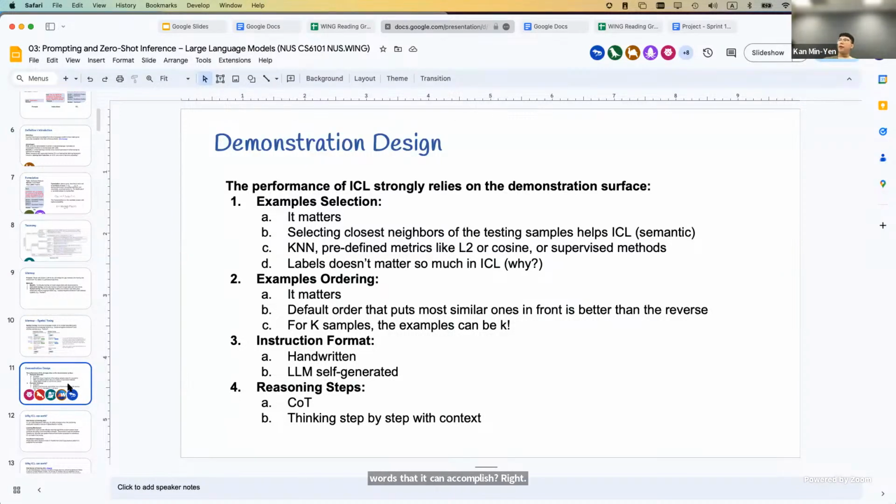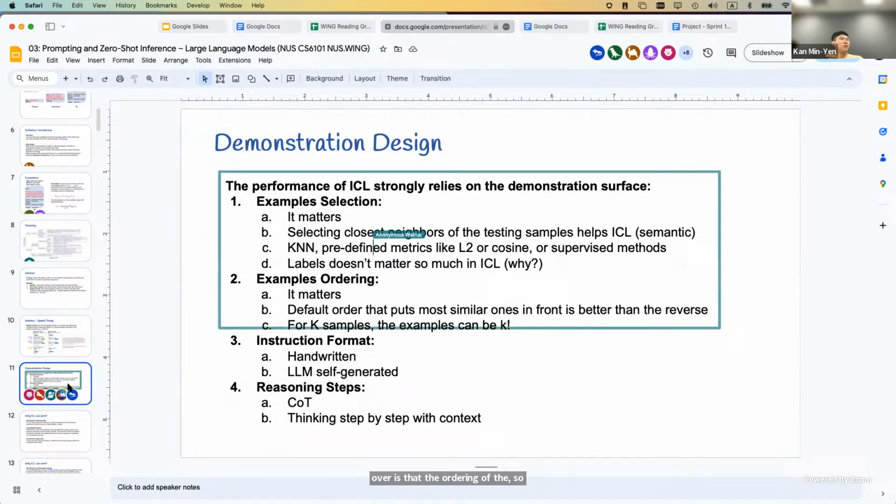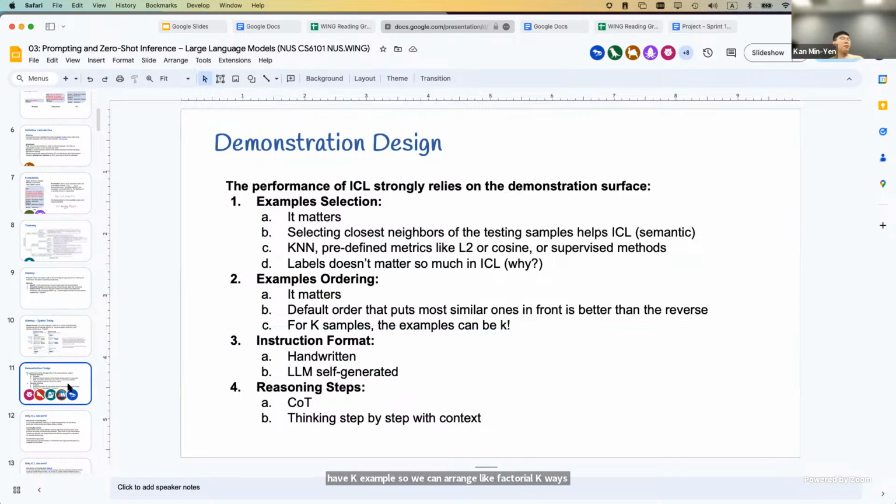So I continue. Another factor that applies to ICL and is very related to our experiment is the ordering of the examples. Suppose we have K examples, so you can arrange them in factorial K ways, and the order does matter. The experiment has shown that the default order, which puts the most similar ones in front, is better than the reverse way of organizing the examples.